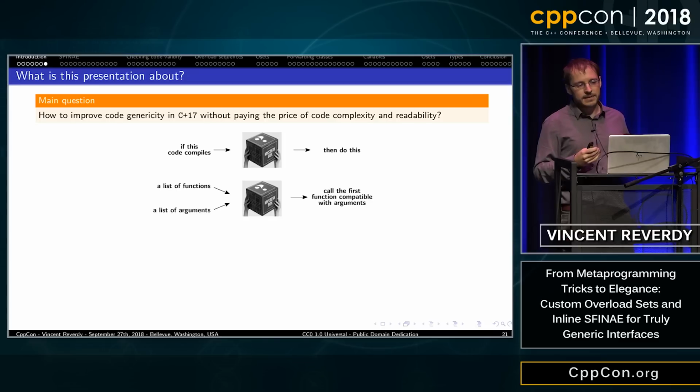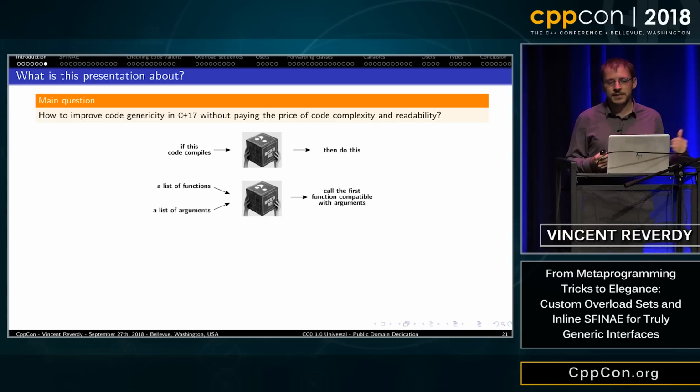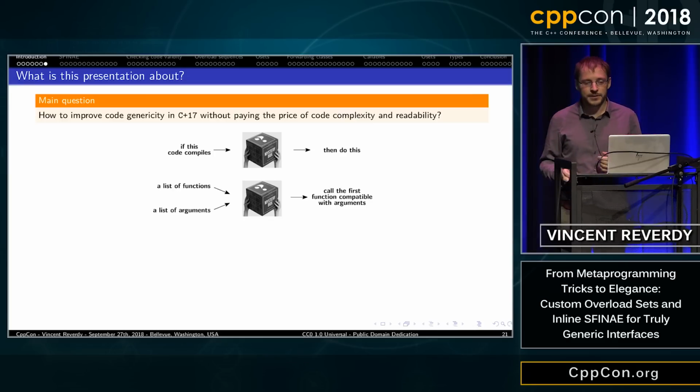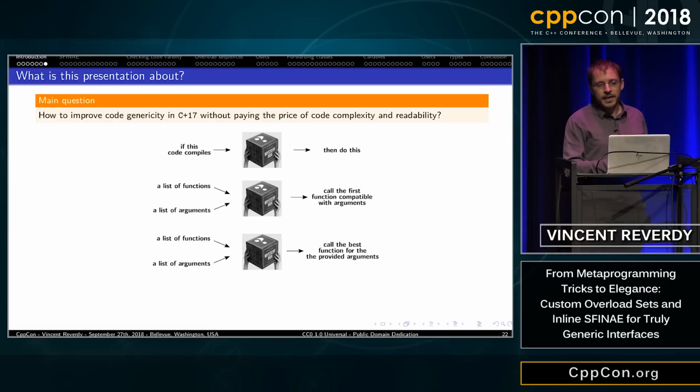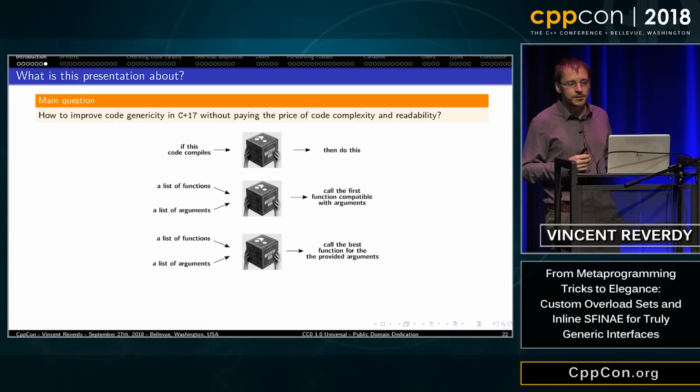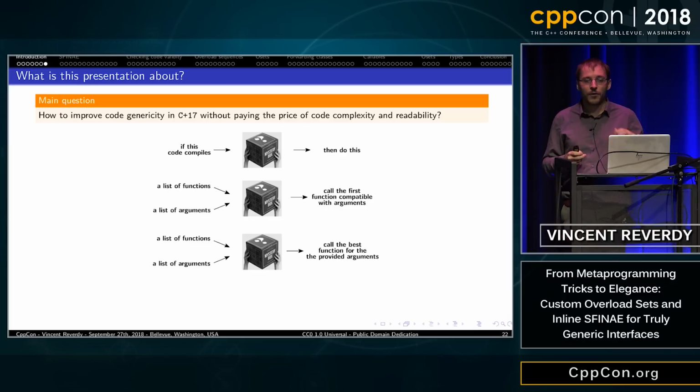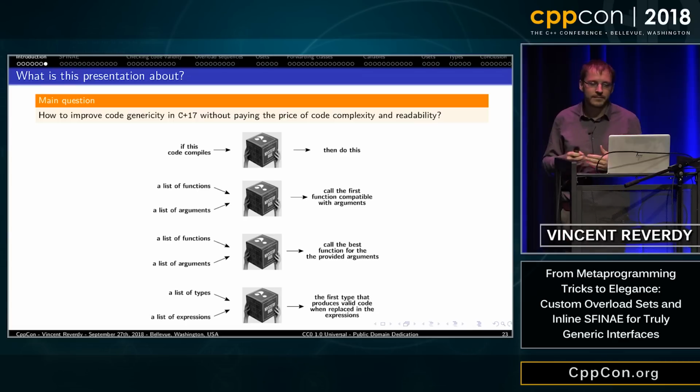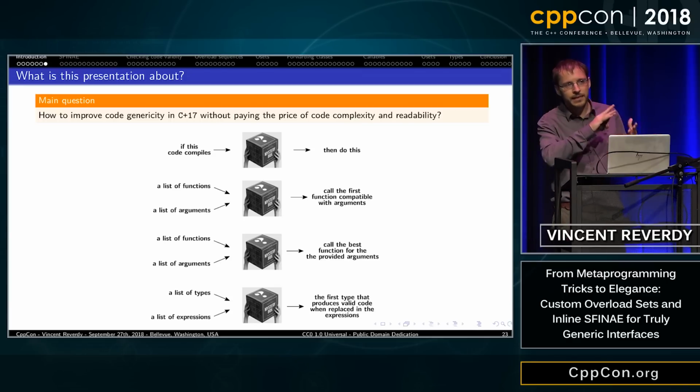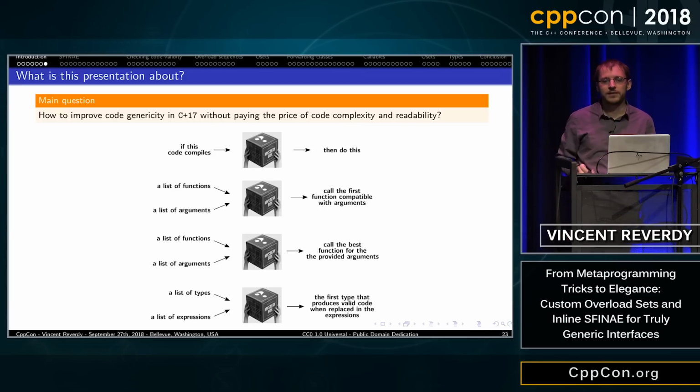The second black box takes a list of functions and a list of arguments, and calls the first function compatible with the given arguments. Third, you give the black box a list of functions and a list of arguments again, and it calls the best function for the arguments you provided. And last, you give a list of types and a list of expressions, and it picks the first type that leads to valid expressions. And I want to do all of that directly in the code without writing a lot of boilerplate code.